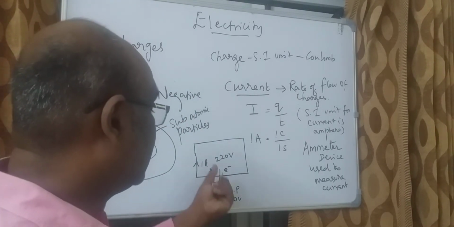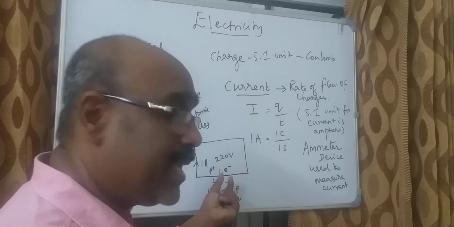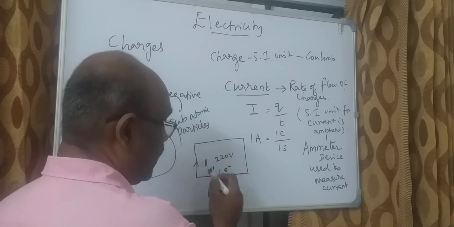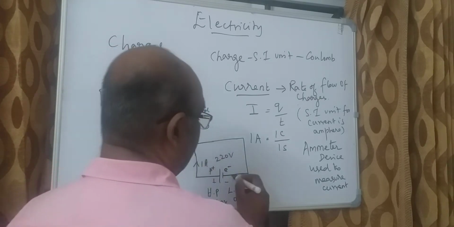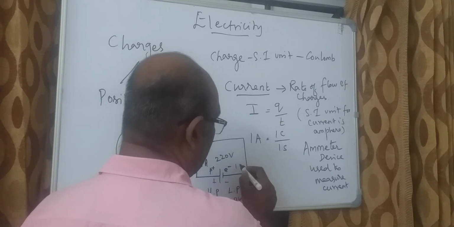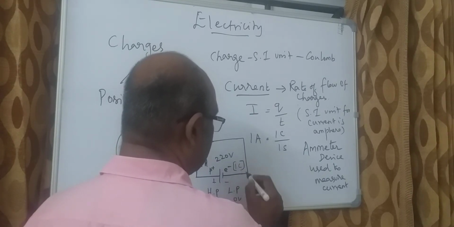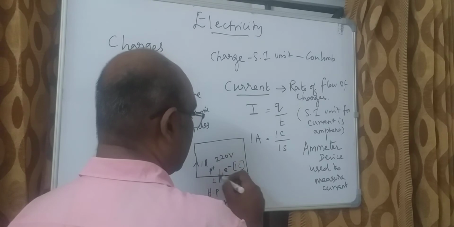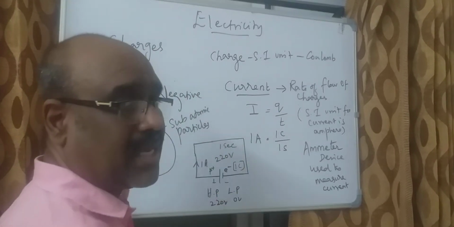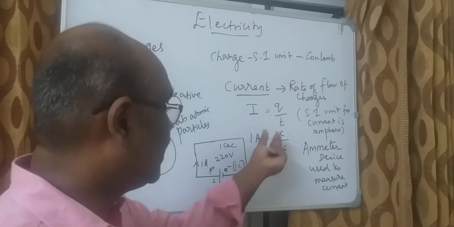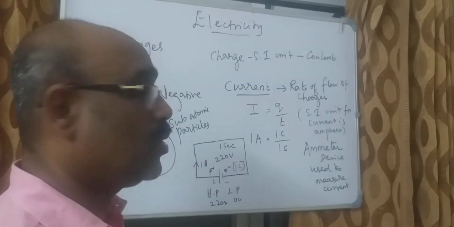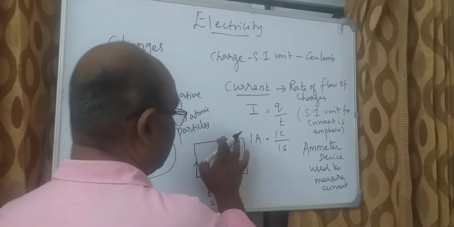Like that, a 220 volt supply is given to this circuit, and the current flowing here is 1 ampere, that is, 1 coulomb of charge passing through the circuit in 1 second.